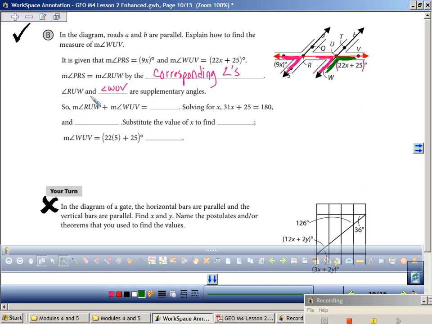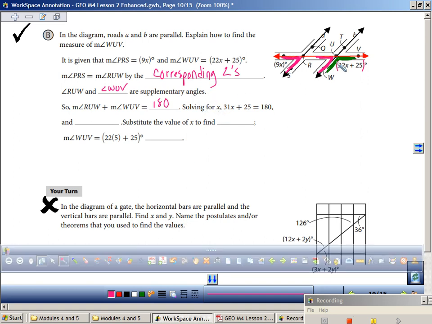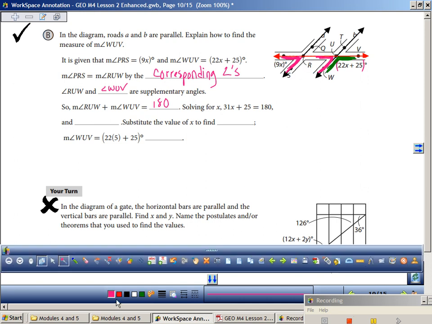So the measures of them equal 180 degrees. Solving for x. How do I know what the measure of this one is? It doesn't tell me. It's the same as 9x because they are congruent corresponding angles.